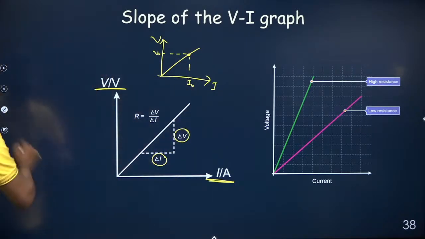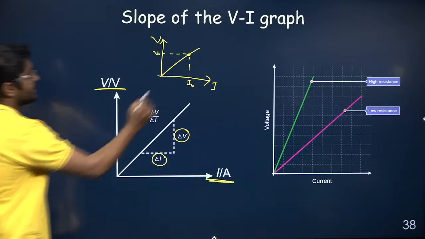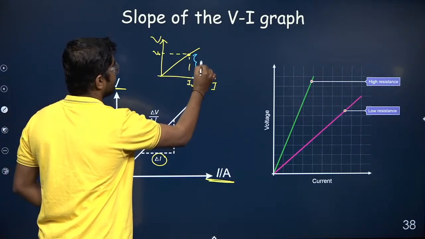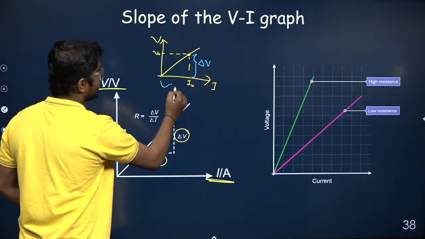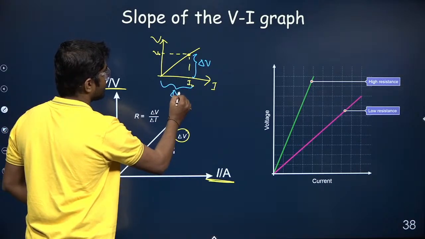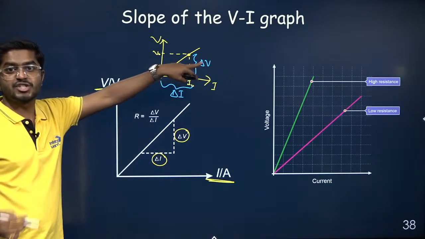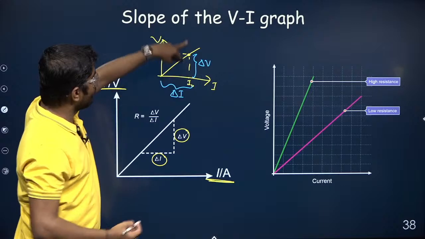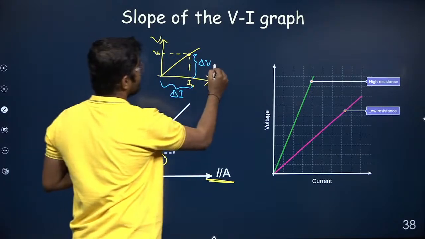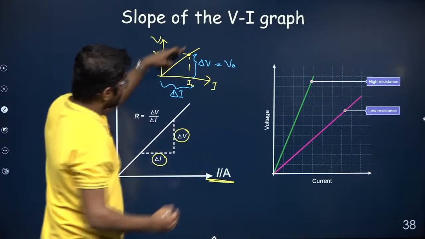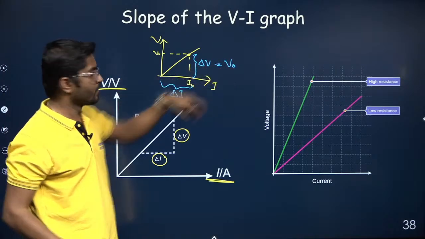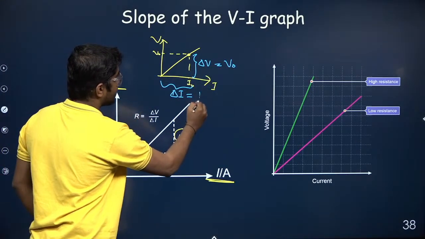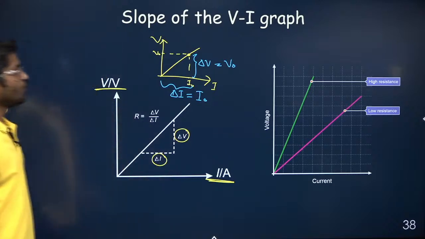Correct? So now this height is the change in the voltage and this height is the change in the current. This triangle means change. So what is change in the voltage? It is the final voltage, that is V0, minus the initial voltage, which is just 0. Correct? Change in voltage is V0. And what is change in current? It is simply I0.